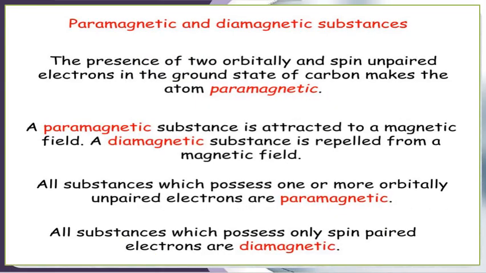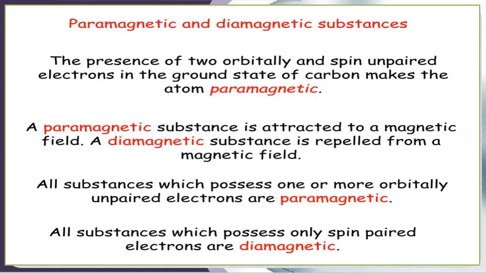Now the next one here, the behavior of the different substances when they are placed in the magnetic field, whether they are paramagnetic or diamagnetic. If the substance shows response or it is attracted towards the magnetic field, then it is termed as a paramagnetic substance, and if it is not attracted towards the magnetic field, then it is termed as diamagnetic, right?